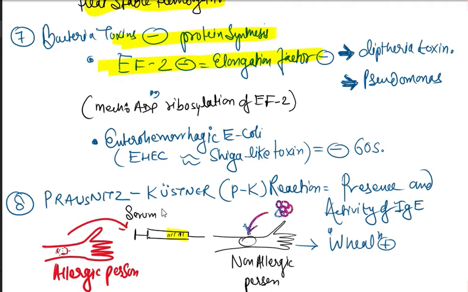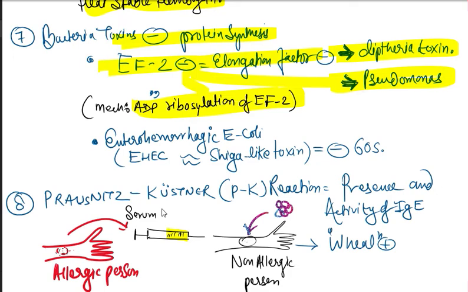Two bacteria, diphtheria and Pseudomonas, their toxin is going to inhibit EF2, so elongation factor is inhibited. What is the mechanism? ADP ribosylation of EF2. ADP ribosylation of EF2 will cause stopping of elongation.